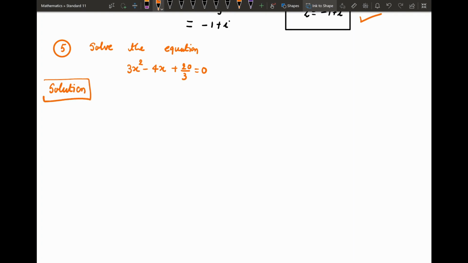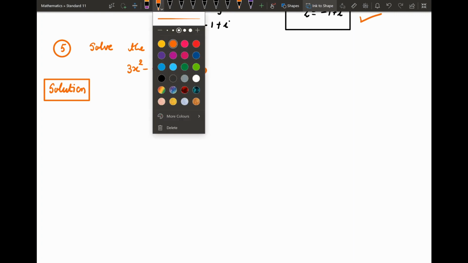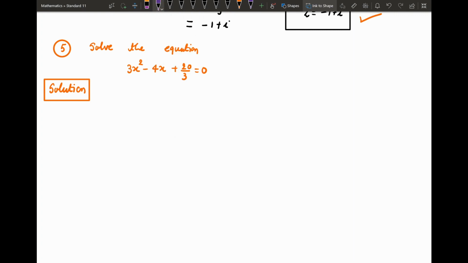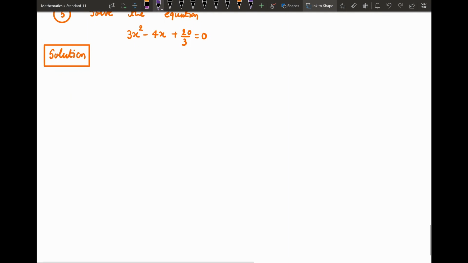Solution. So the given equation is 3x square minus 4x plus 20 by 3 equal to 0.